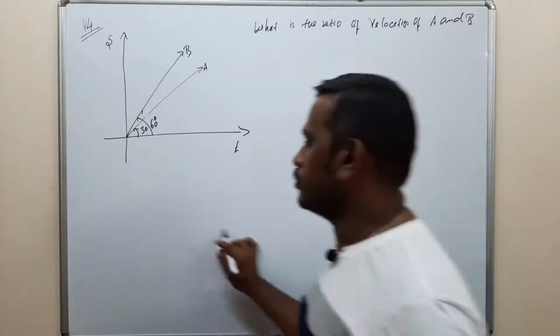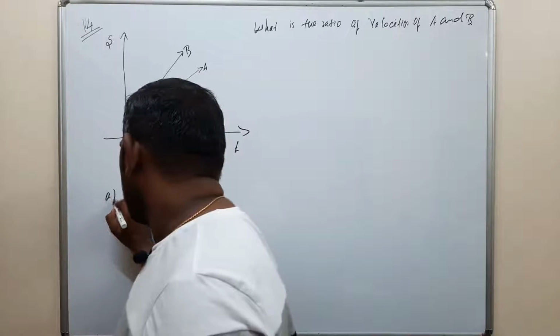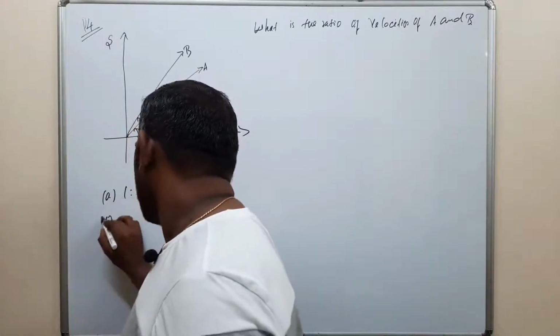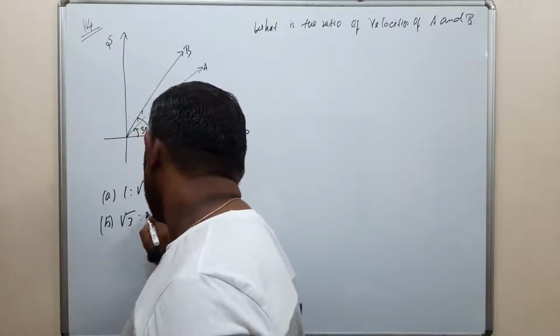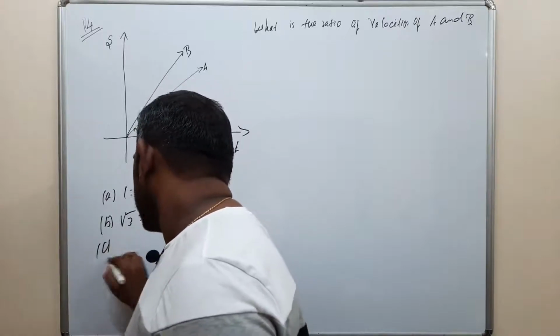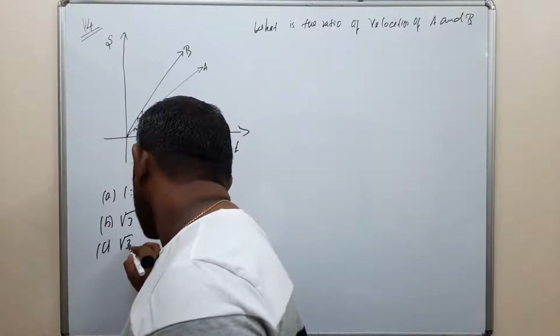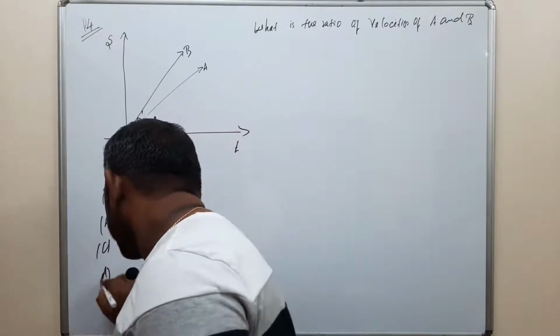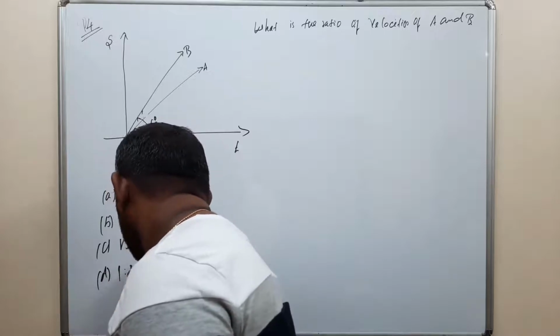Option A 1:√3, option B √3:2, option C √3:2, option D 1:3.